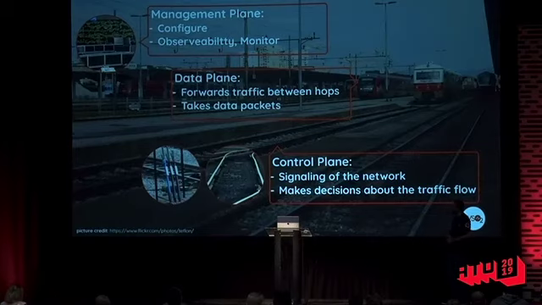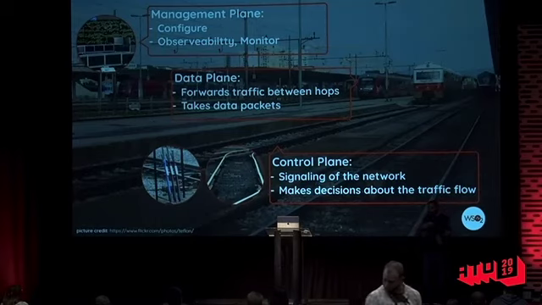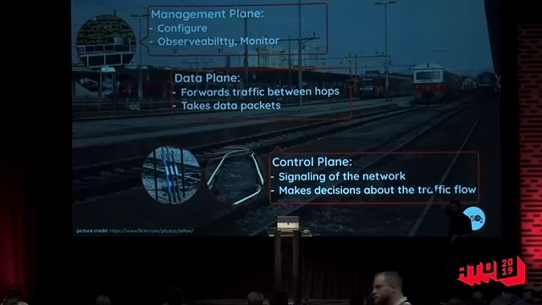In this concept, you get a control plane. That is basically the signaling of the network. In this analogy, the rail track is the control plane, and the data plane is the actual channel that sends the messages back and forth. In this case, the train is the data plane, and somewhere you will get a control center that controls the trains and the rail tracks. So that is basically the management plane.